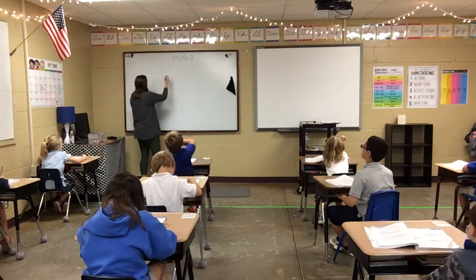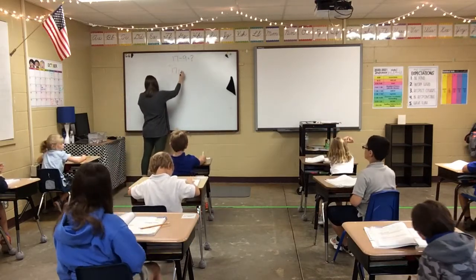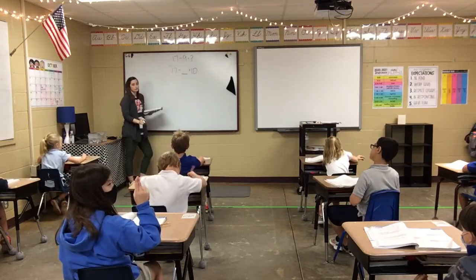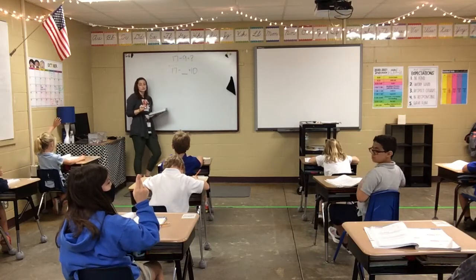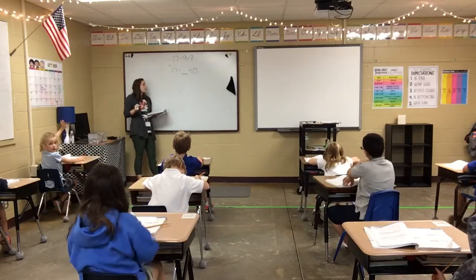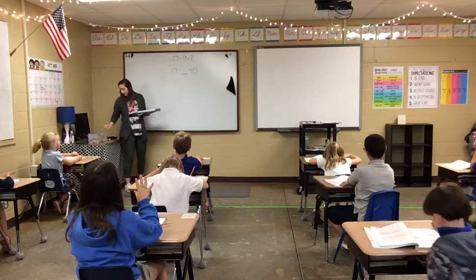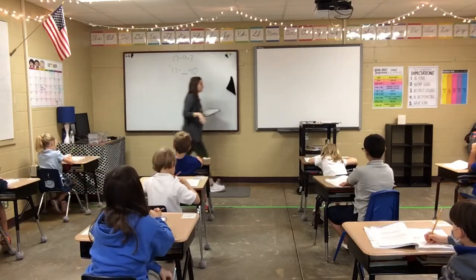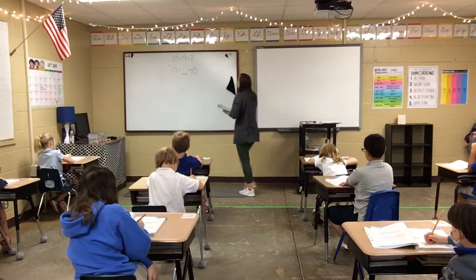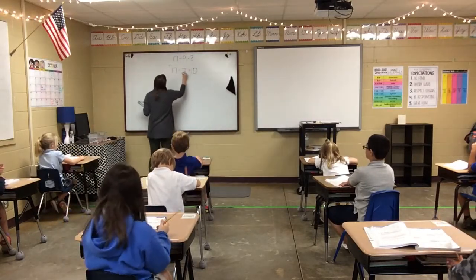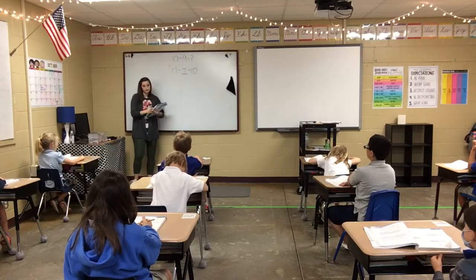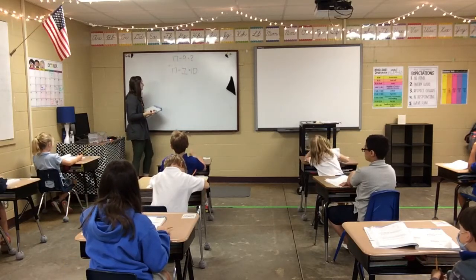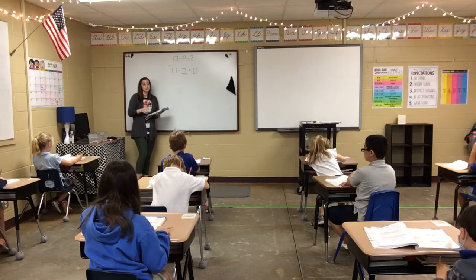Okay? Alright, so 17 minus something is 10. So, what do we get, Brock? 7. Okay, so 17 minus 7 is 10. Okay? So, let's do this.